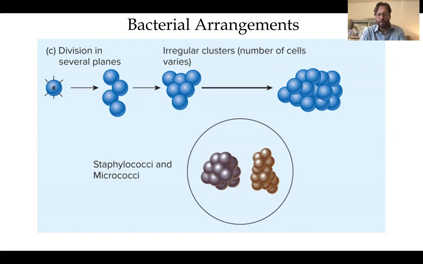Any questions on that? And this should be familiar because when we talk about different bacterial species, we name them based on these arrangements, right? So Staphylococcus or Streptococcus, that gives you information about what kind of arrangement those cells take on.